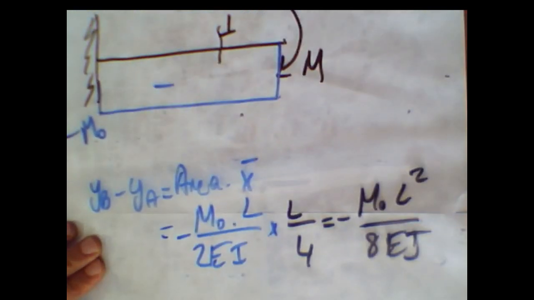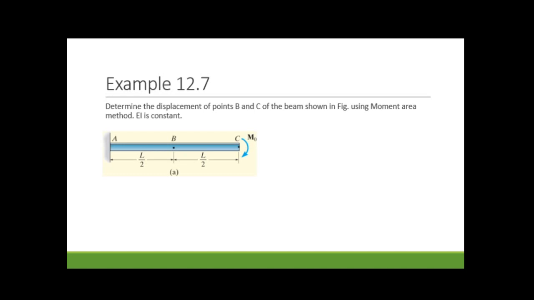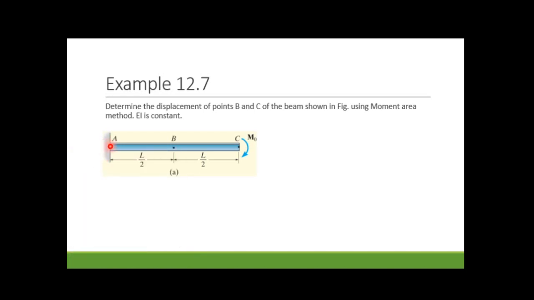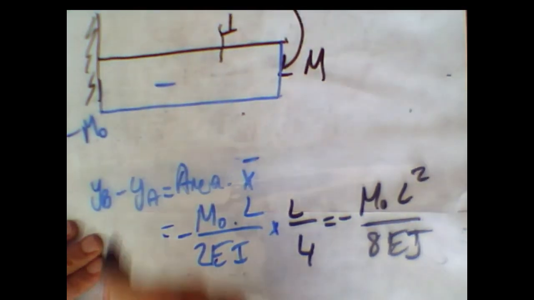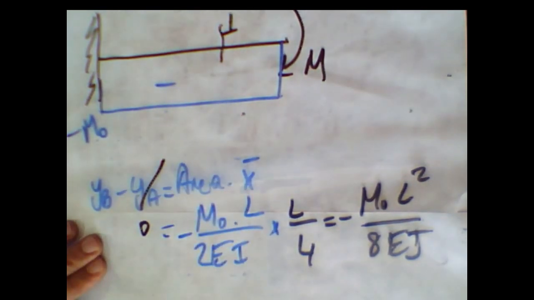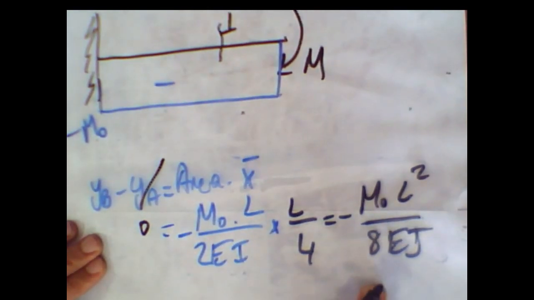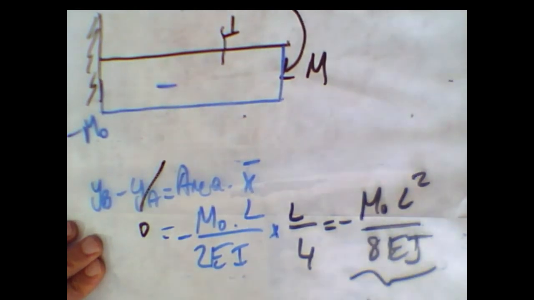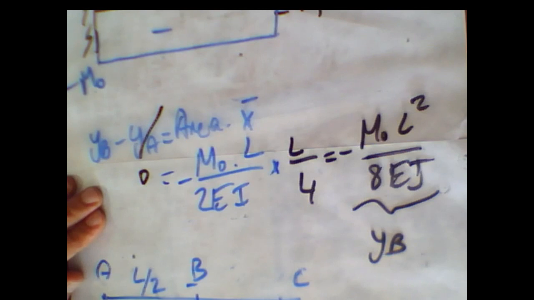You remember, point A is the fixed support. On a fixed support the deflection is 0. Therefore YA is 0, so this value is directly equal to YB. It's very simple, you can see.